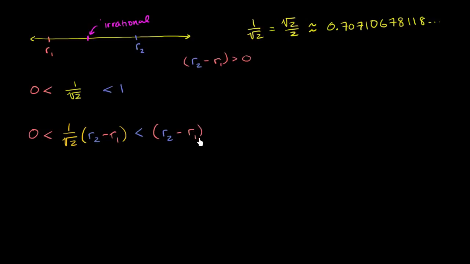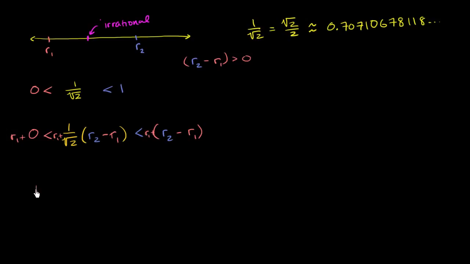Now we just have to shift everything over. So let's add R1 to all sides of this. If we add something to all parts of the inequality, that's also not going to change the inequality. So we add R1 over here, over here, and over there.